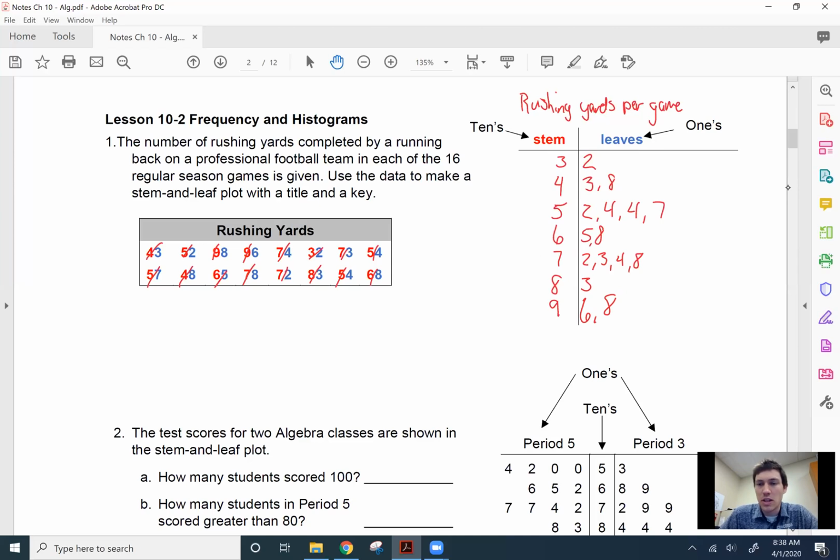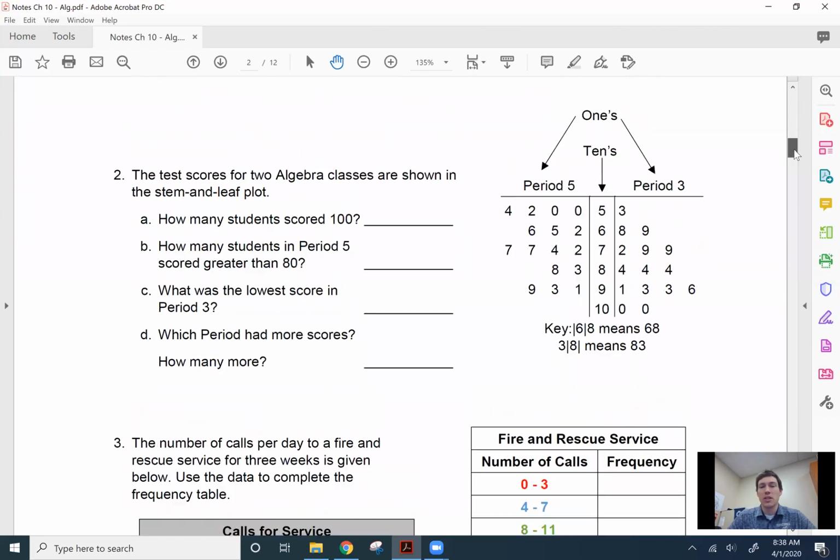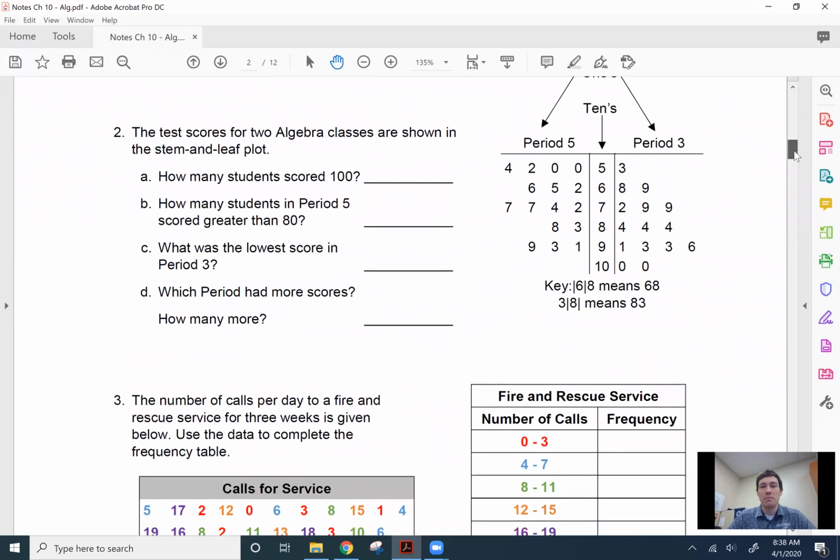So typically, besides these 3 games, this player was rushing for at least 50 yards or more. And so just by organizing the data that way, instead of looking at all these points and trying to determine how this guy did, if we organize it like this, we can see little patterns like that. So that's just one example of a stem and leaf plot.